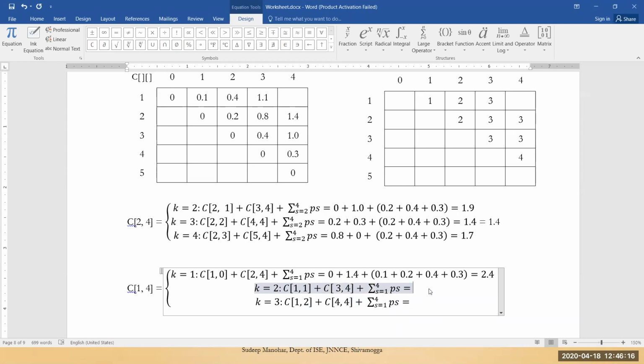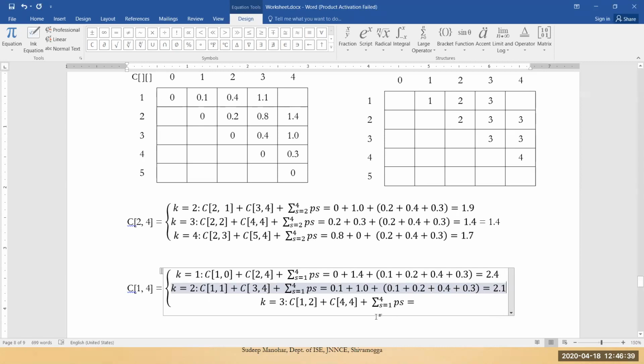1 comma 1. C of 1 comma 1 is 0.1 plus C of 3 comma 4. 3 comma 4 is 1.0 plus this value, the probabilities, is equal to 1 plus 1.0, 2.0 plus 1, 2.1 you get. Okay.